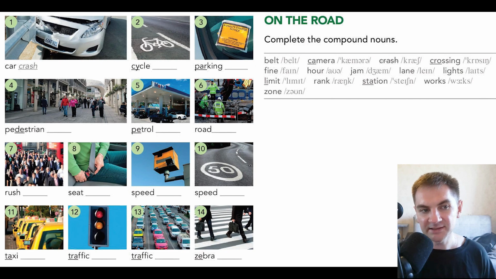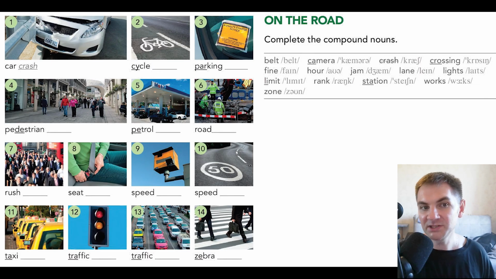Next part. Let's make compound nouns. A compound noun is when we put two words together to make one new idea. For example, apple pie. Car plus crash, so we get car crash. So your task: use the words in the white box to complete the phrases below.